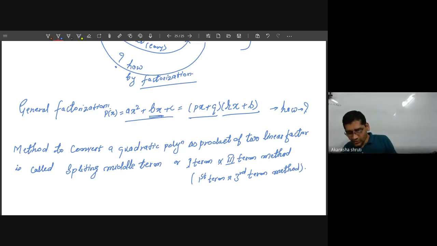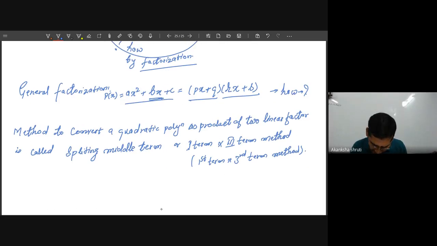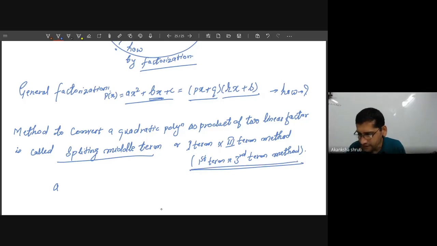So student, let us quickly understand what this is. Whether I say splitting the middle term or first term into third term method, they mean the same thing. This is called the factorization method. ax square plus bx plus c.